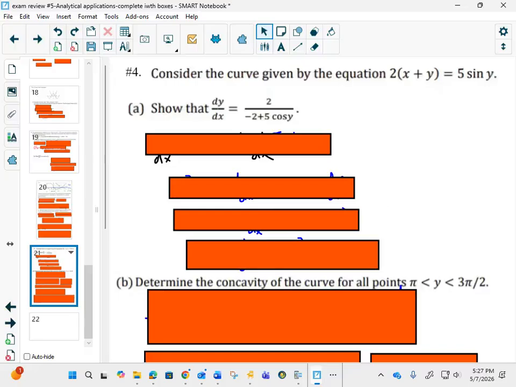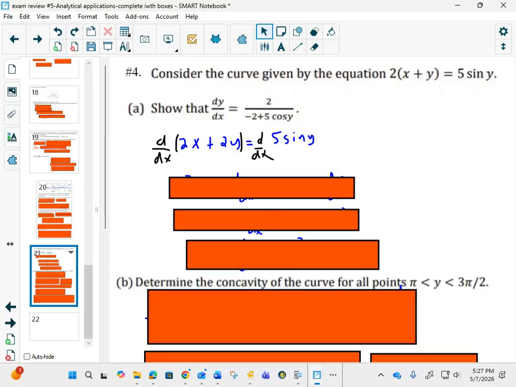So I take d/dx of both sides. d/dx of 2x is just 2. But anytime you have a y, you do the derivative like normal, and then add a dy/dx. So the derivative on the right hand side, the derivative of sine would be cos y, but then we have to add dy/dx at the end.